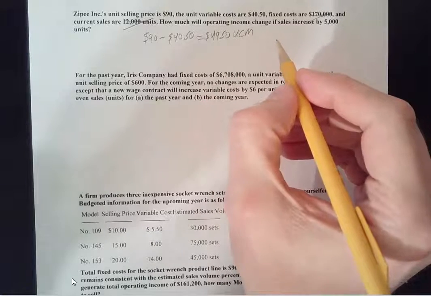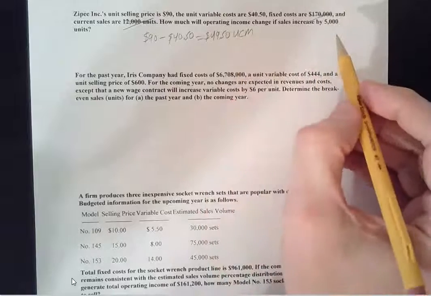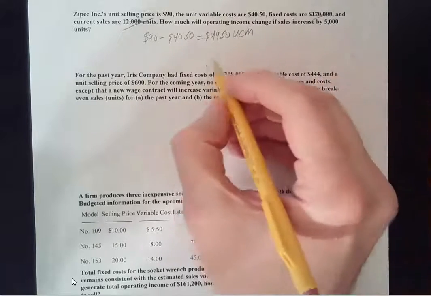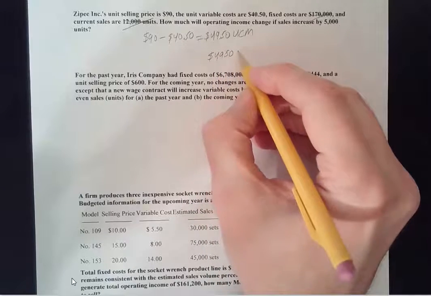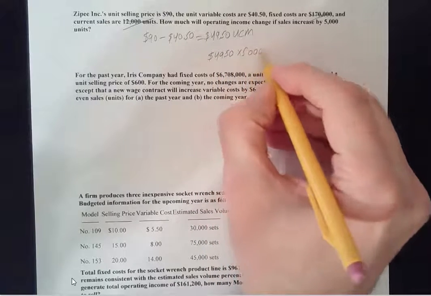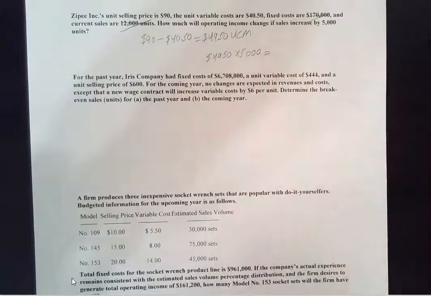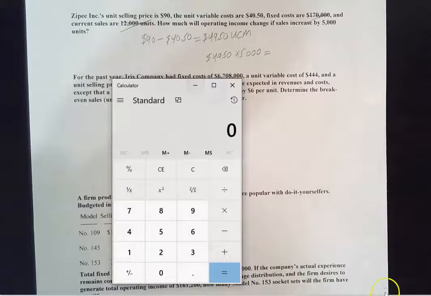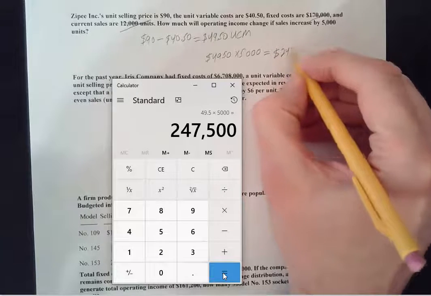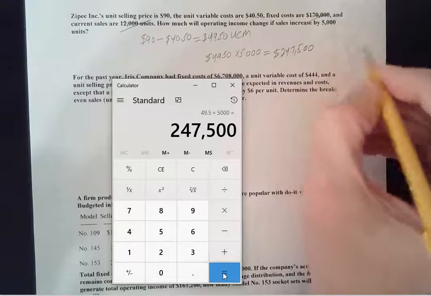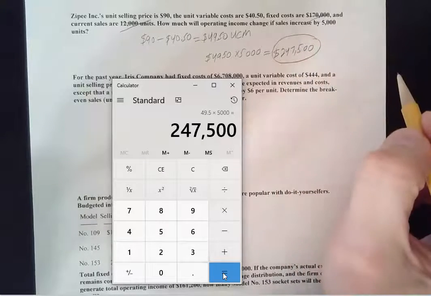Now, that is not our answer, but all we have to do to answer this question is simply take that $49.50 and multiply it by 5,000. That's it. That's absolutely the only thing we have to do. So let's just see what we come up with here. $49.50 times 5,000 is $247,500. And that is our answer.